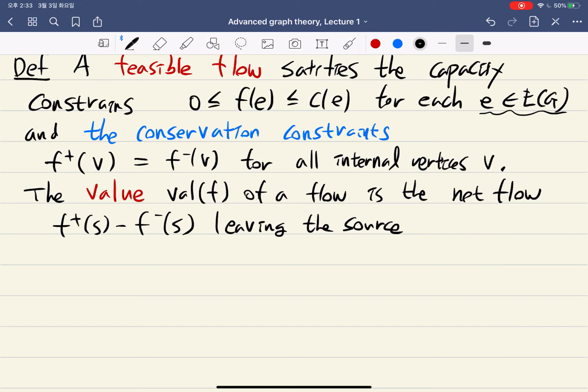You can easily check that this is the same as how much water is consumed at the sink.